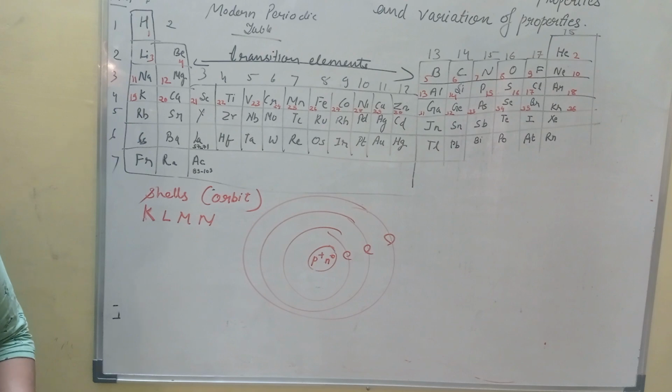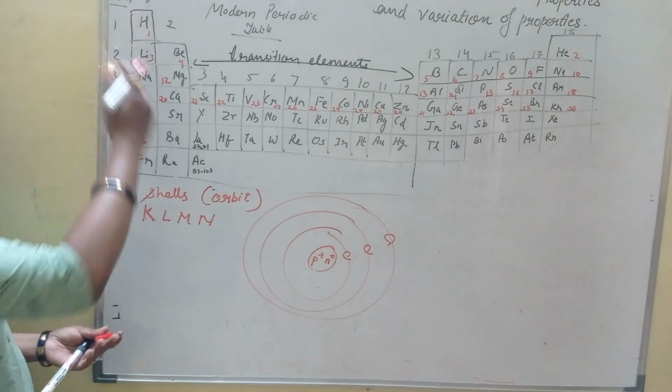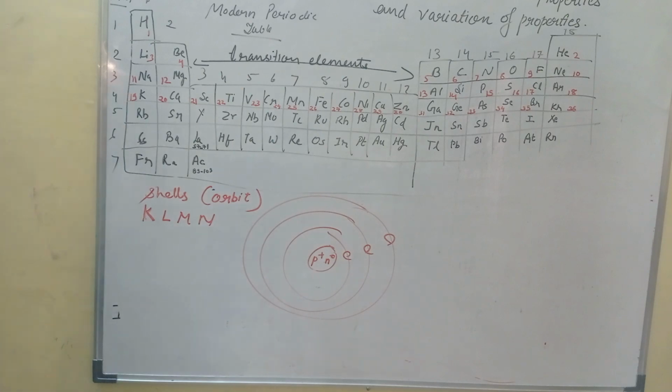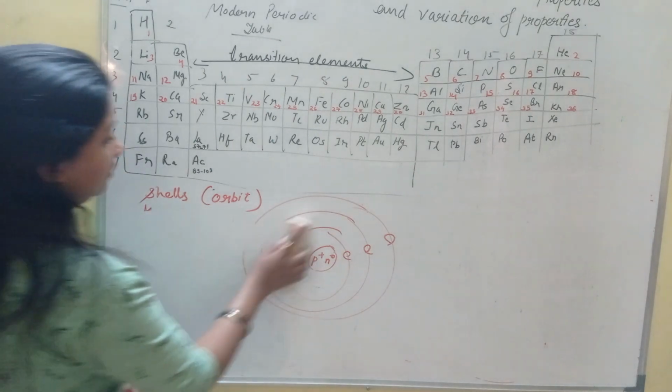Next is the number of shells. The number of shells we have to study in group and in periods. So how do they change in group and period?